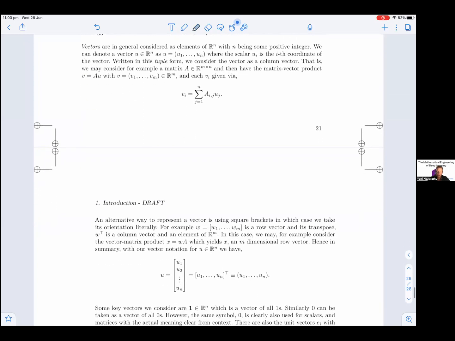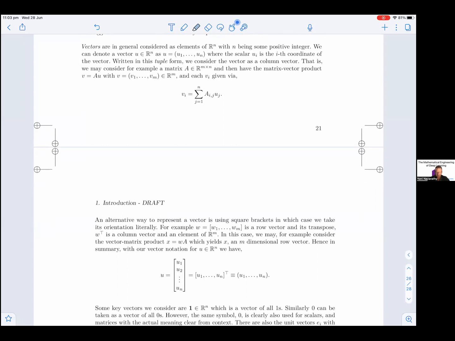Vectors are in general elements of R^n, with n being some positive integer. We can denote a vector u in R^n as u = (u_1, ..., u_n), where the scalar u_i is the ith coordinate of the vector. Written in this tuple form, we consider the vector as a column vector.